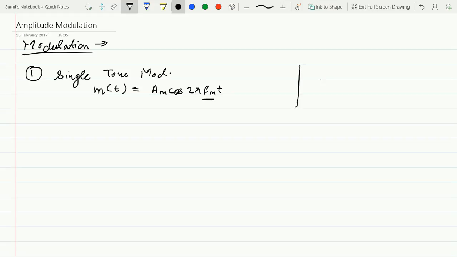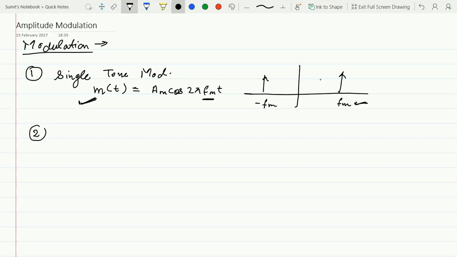If I try to draw its frequency spectrum, you will just get one impulse function at fm. So this is called single tone modulation because you have just one frequency component in the spectrum of the message signal. Just remember that it is defined with respect to the message signal, not the carrier. So your message signal should have one frequency component.